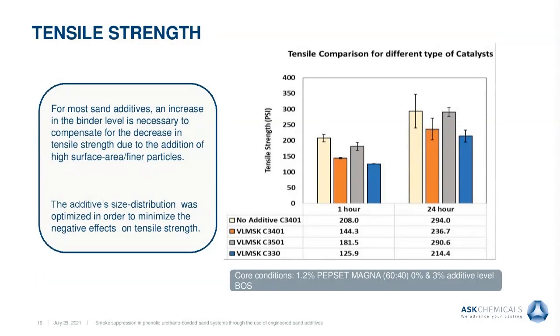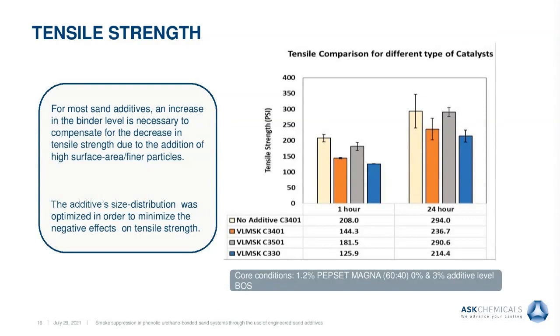I would say it's probably not having the same ability to suppress the smoke as the VLMSK, but if the idea is for the customer to reduce the smoke and have that benefit, it could potentially work. Yes, I believe so also. In addition to reducing smoke and emissions, it will also produce clean casting. So yes, it should work as a replacement for 350.